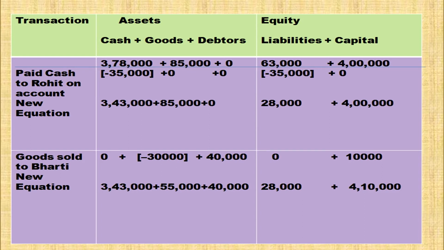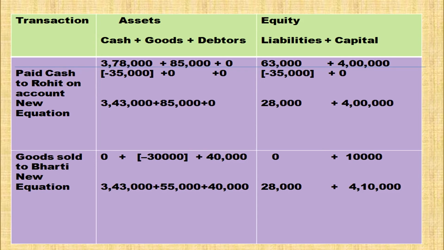Liability is decreasing by 35,000, so deducting from the liabilities minus 35,000. The new accounting equation is cash 3,43,000 plus goods 85,000 equals liability 28,000 and capital 4 lakh, that is 4,28,000 on both sides. The accounting equation is satisfied.